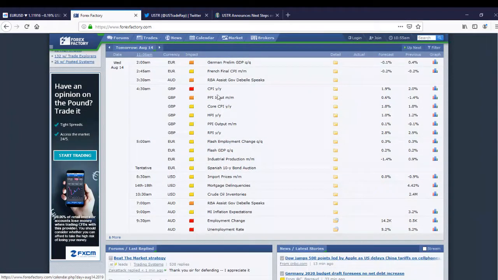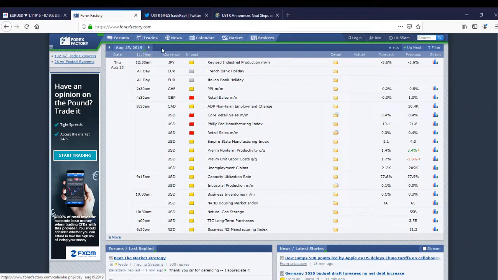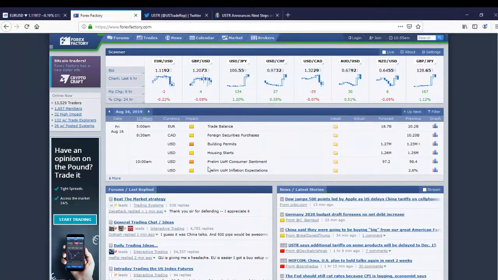We do have pound CPI tomorrow, Aussie unemployment. USD, we have core retail sales. Maybe that's what it's waiting for, retail sales again, and the Fed manufacturing index. But other than that, I don't see any euro fundamentals.